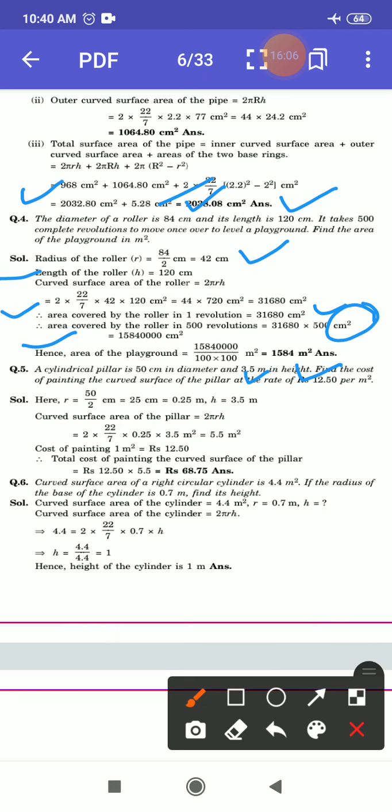Now you have to know how to work this question. Now the homework for you is question number 5 and question number 6, which are the same as the previous questions 1, 2, 3, 4. So you have to do these questions at your home. Now in my next video I will tell you question number 7 and other questions, and then your exercise will be completed. Do all the work properly in your notebook.